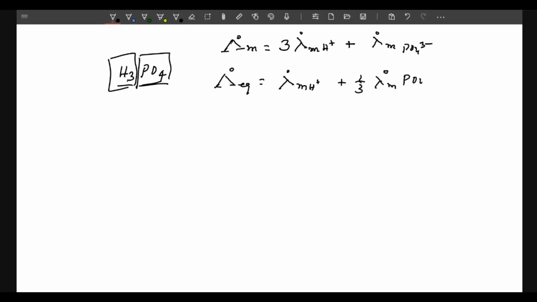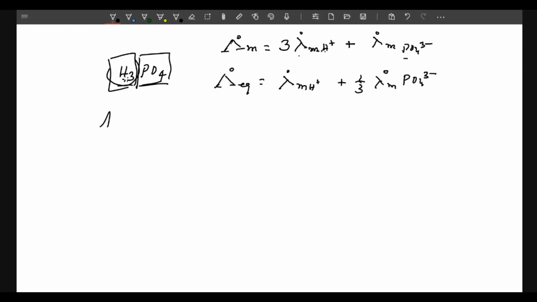In this way you can write this, or individually convert each into equivalents by dividing by the valence factor of H plus ion and the valence factor of the phosphate. You will have similar things.